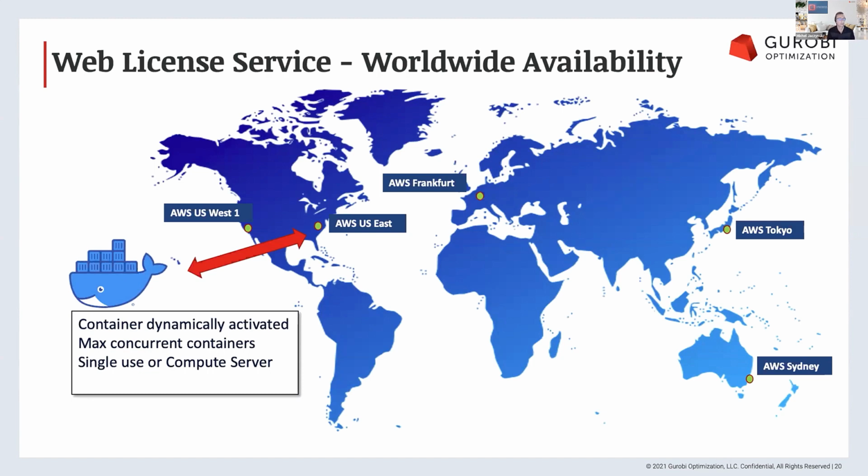Typically, it will also check how many concurrent containers you are launching at the same time, and this can be used with the Gurobi library, or it can also be used with the compute server and cluster manager.